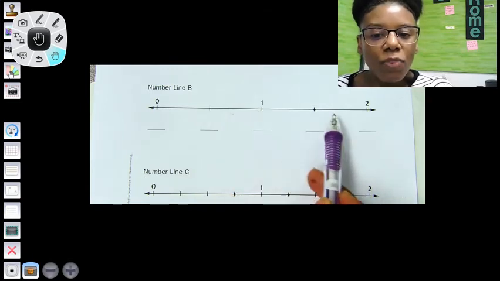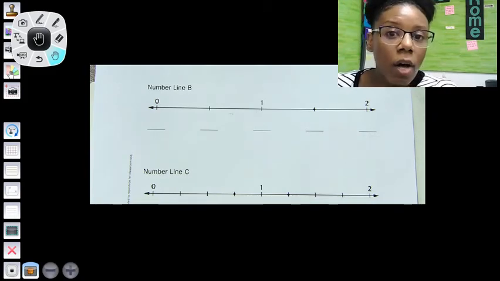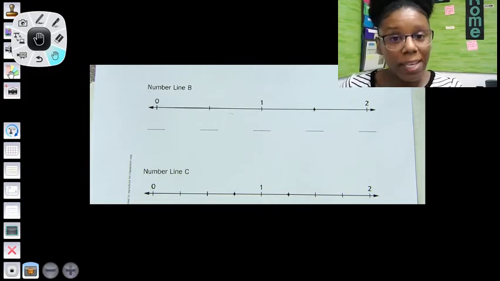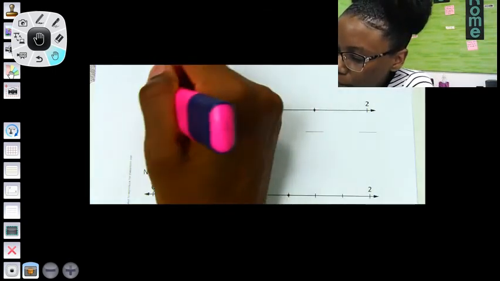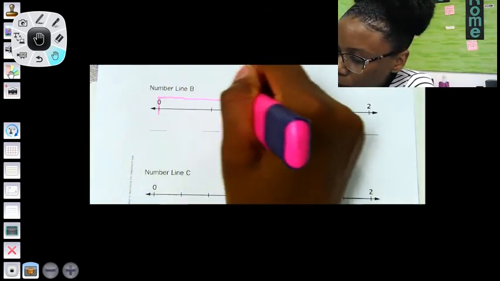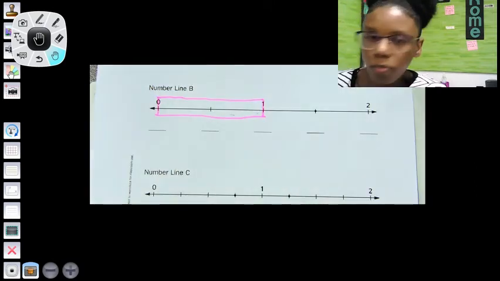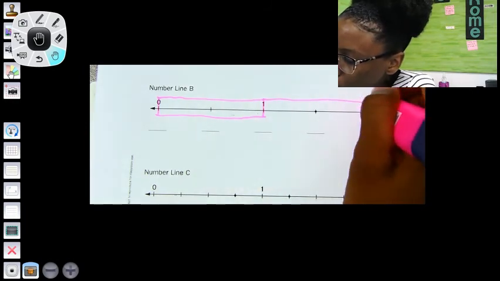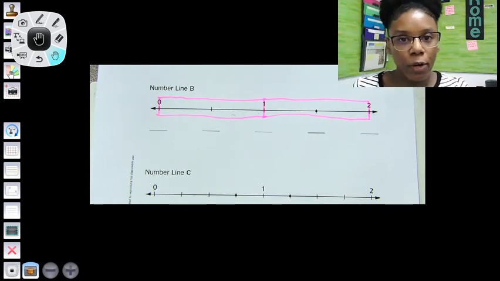If I analyze further, I see I have two wholes, just like the candy bar that we looked at earlier. So now I'm going to map out my pieces so that I can determine my denominators for my fractions that are going to go on this number line. So I see from here to here is one whole candy bar, and then from here to here is another candy bar, just like our candy bars that we looked at earlier.